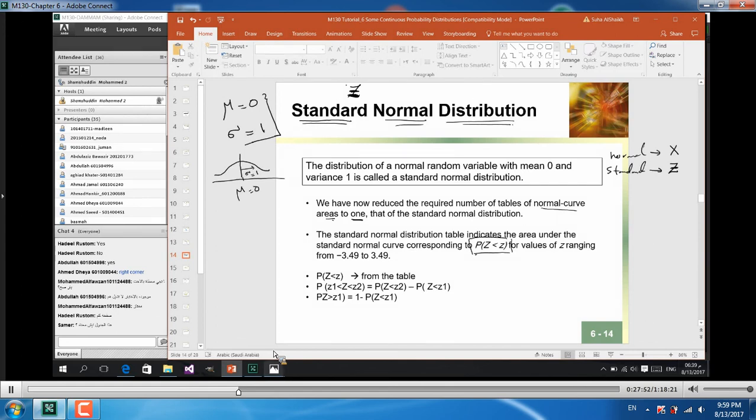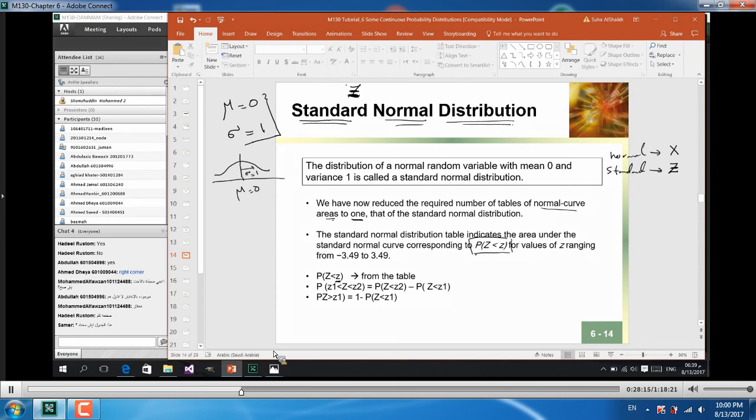The table gives me all the probabilities that I will need. It will give you all the values of Z from minus 3.49 to 3.49. From the table directly, I get the probability of Z less than small z, a value that he is going to give me.